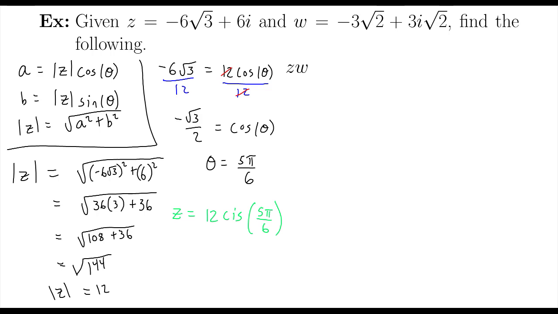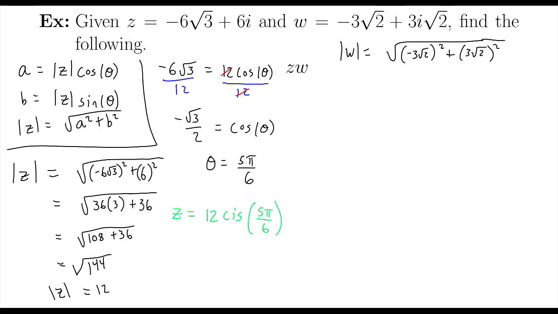So I'm going to hang on to that. Now I need to do the same thing with w. The magnitude of w, the formula is going to be the same. The square root of a, in this case negative 3 square root of 2, squared, plus b, which is positive 3 times the square root of 2, squared.